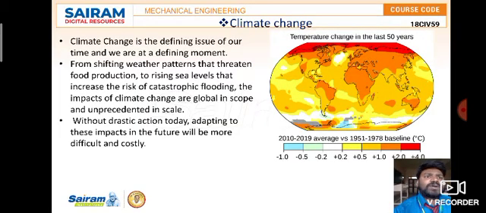This is all about climate change, where you can see the temperature change in the last 50 years. Now we are in 2020, and from 2010 to 2019, the past 10 years, how did the temperature change take place? 2010 to 2019 average versus 1951 to 1978 baseline in degrees Celsius.